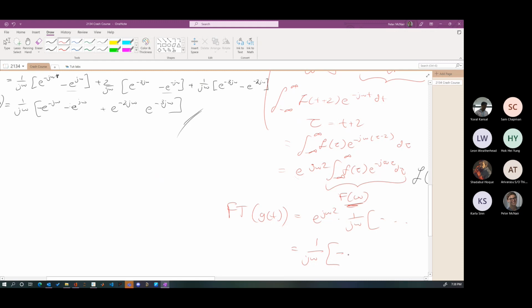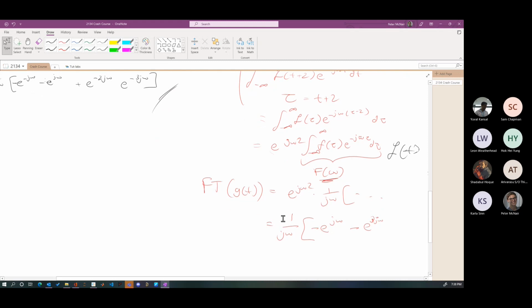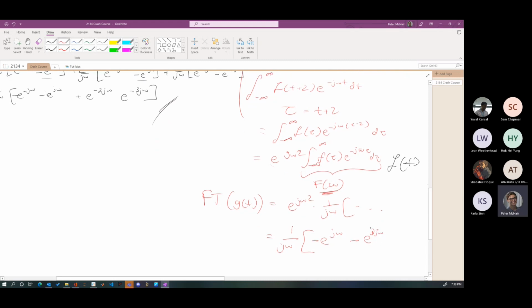So minus e to the j omega, and then e to the 3j omega, so this is just adding all of the exponents.